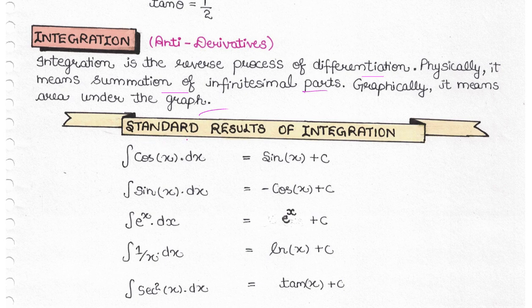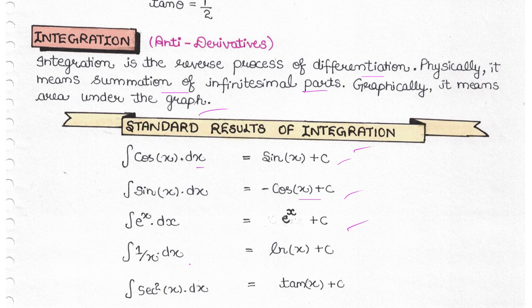We have some standard results of integration. Integration of cos x dx is equal to sin x plus c, where c is our integration constant. Integration of sin x dx is equal to minus cos x plus c. Integration of e to the power x dx is equal to e to the power x plus c.